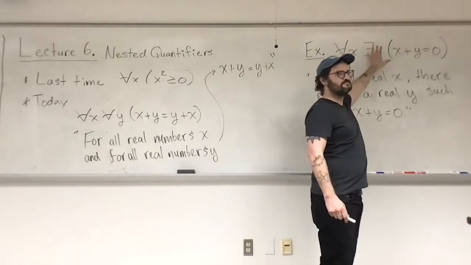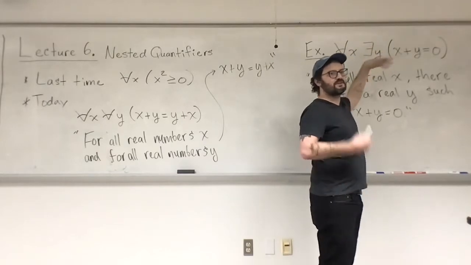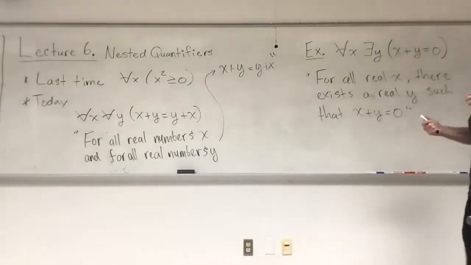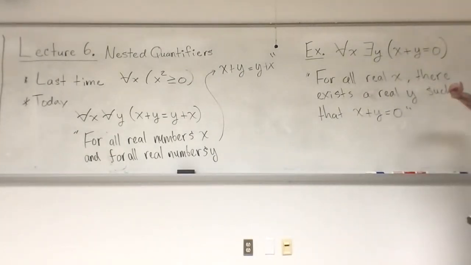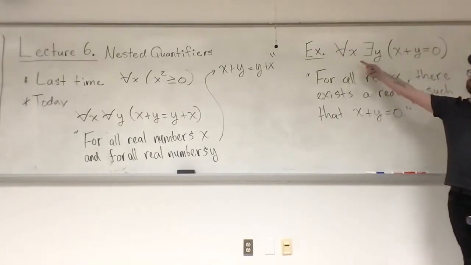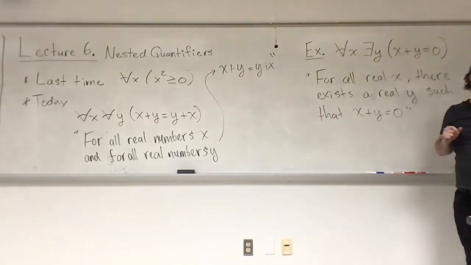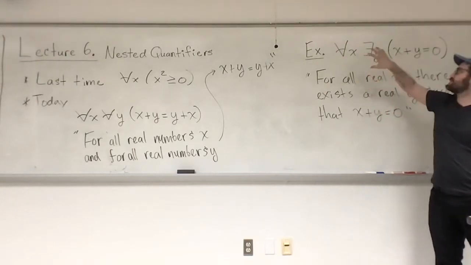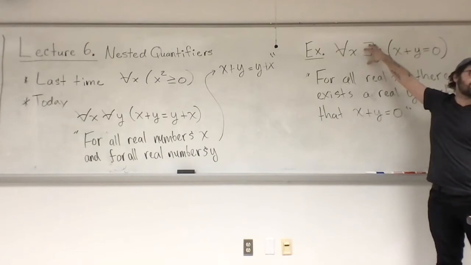And then we have to stop, there exists something. It's almost implying that this second one is dependent on the first quantifier, right? It's like these are tied together now in a very specific way, right?